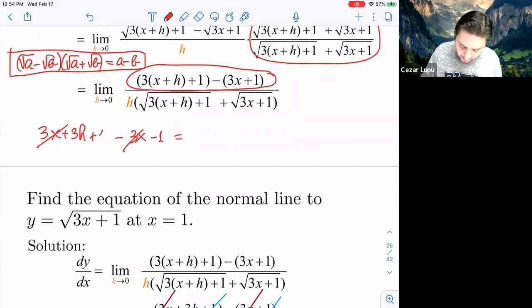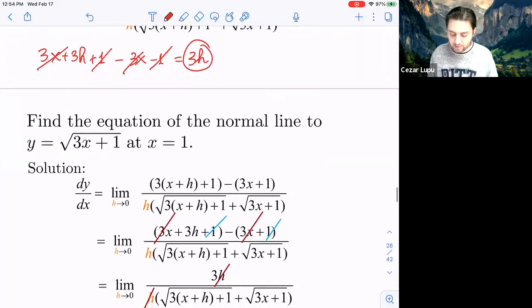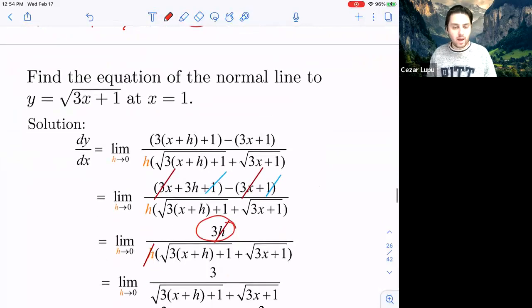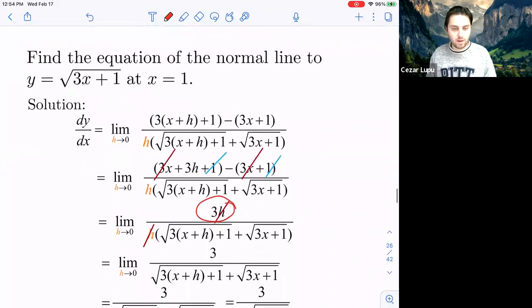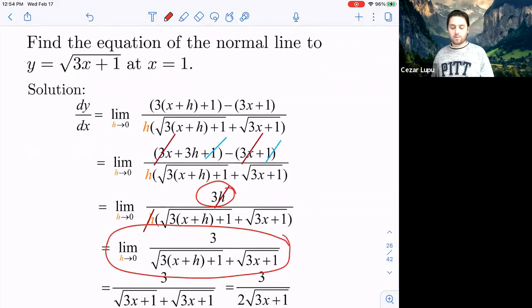So 3x will go away, 1 will just go away, and this will be nothing else than just 3h that you will find here. So it's exactly what we did. And then h at the top with h at the bottom will cancel, and you're going to end up with this here. So we need to find the limit of this.